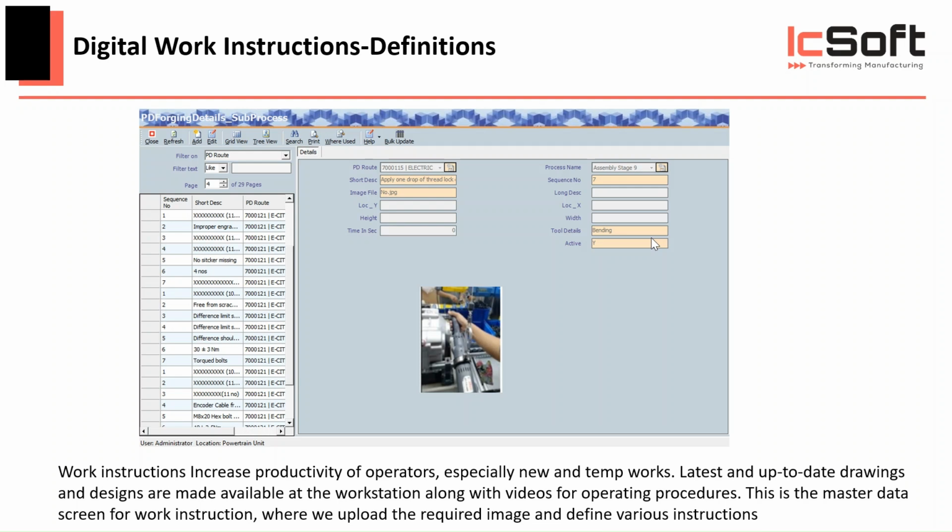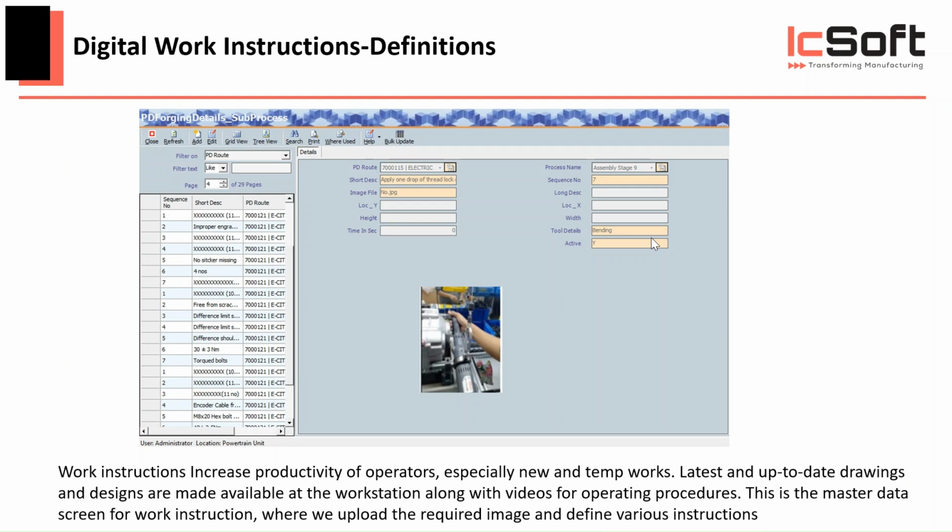The videos can be made available showing how that particular operation is to be performed, or we can define various checklists or the things which have to be checked or steps which have to be performed during the operation.